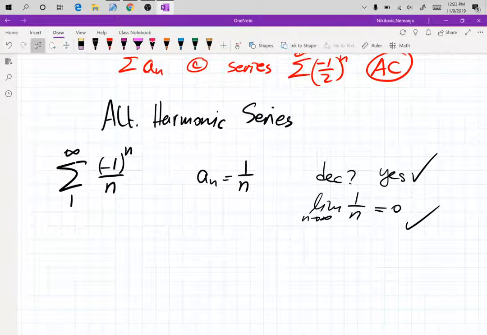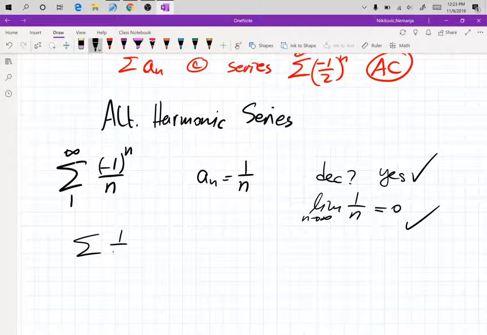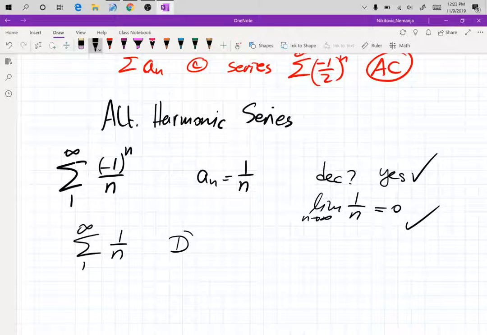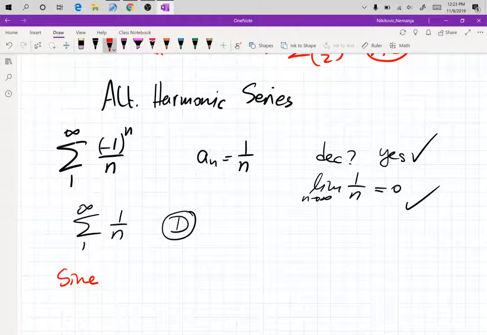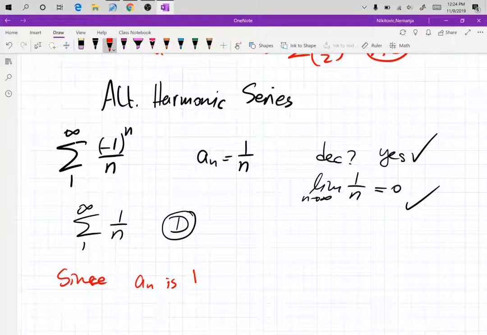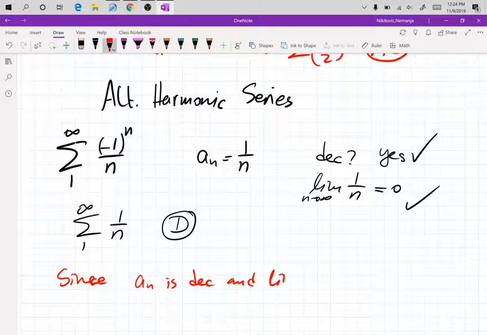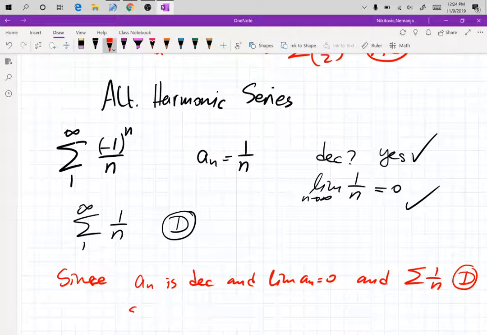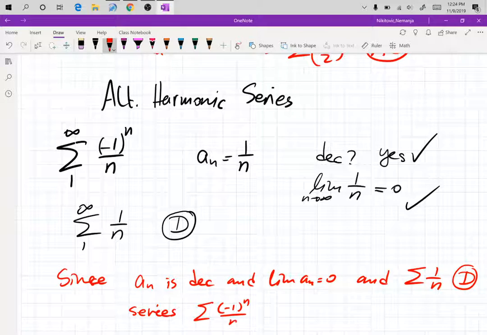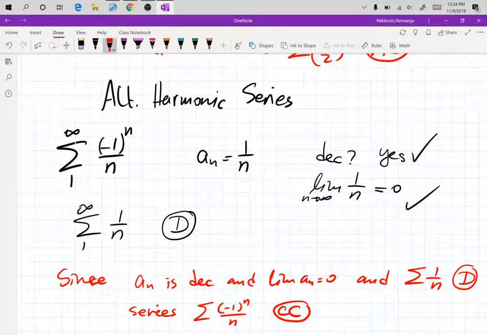That means we are running down the convergence branch. We check summation 1 over n, 1 to infinity, and we know that one diverges. So, since a_n is decreasing and the limit of a_n equals 0 and summation 1 over n diverges, the series summation of (-1)^n over n converges conditionally.